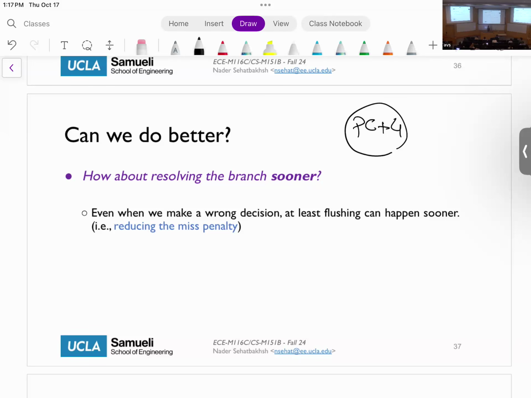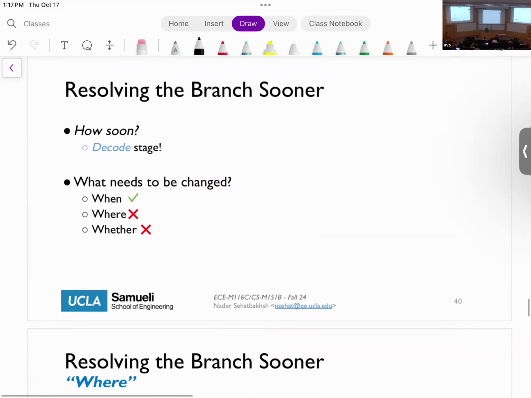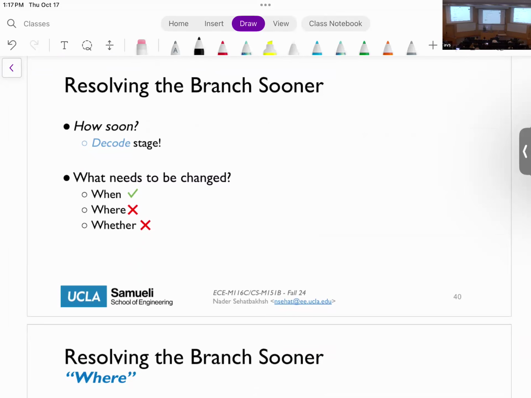But now if the branch is taken, I need to compute PC plus offset. And I need to compute that in the decode stage at the latest, because I need to be able to fetch the next instruction while the branch is in the decode stage. Okay. So again, going back to the where and whether: I know that this instruction is a branch in the decode stage.